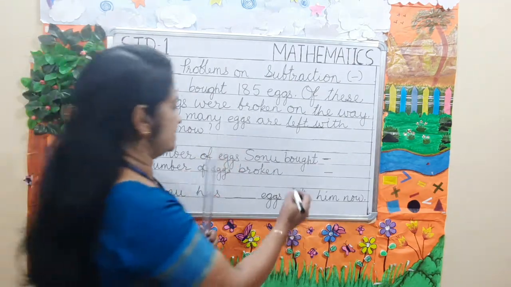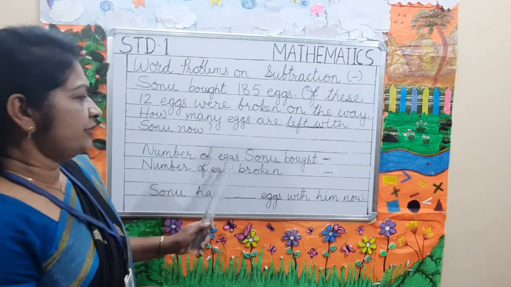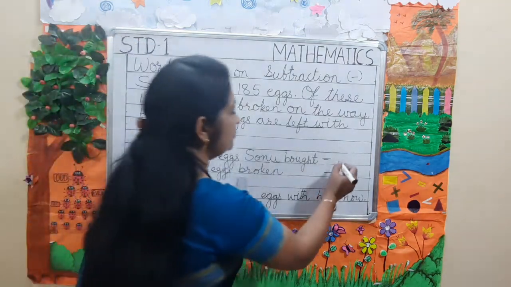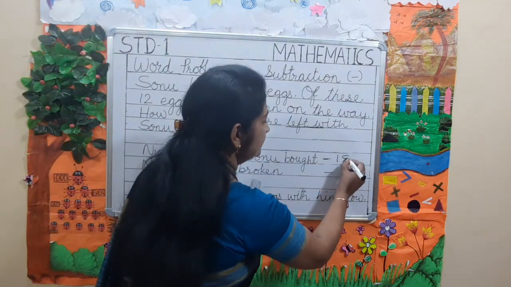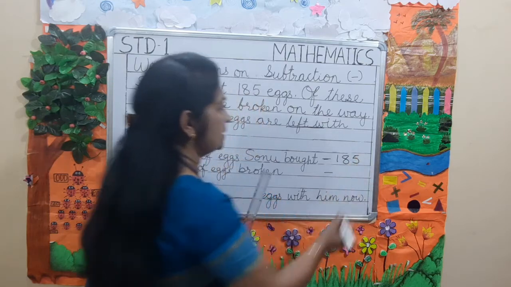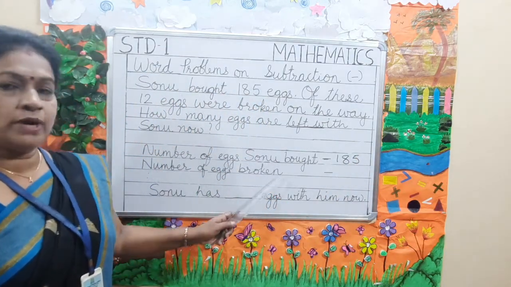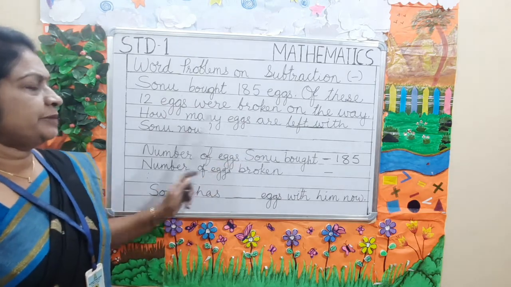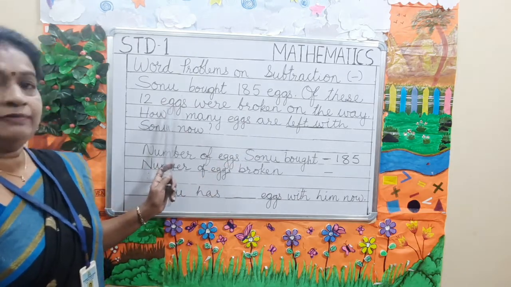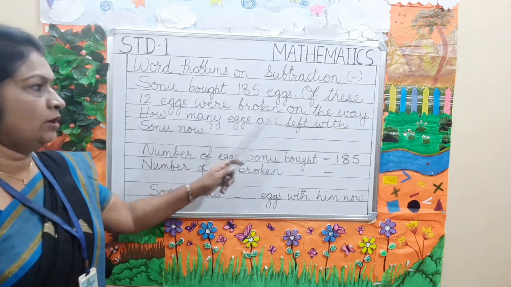The statements: number of eggs Sonu bought, 185. Now, second statement: number of eggs broken. How many eggs were broken on the way? 12 eggs were broken on the way.